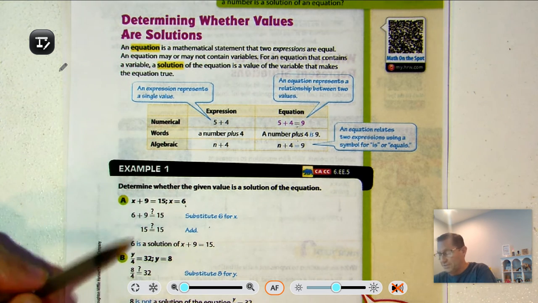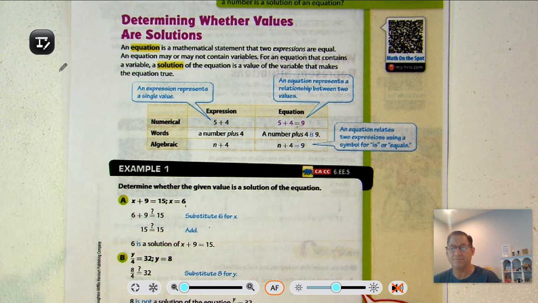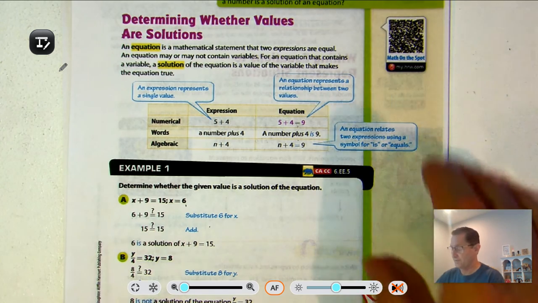Well, substitute 6 for x. 6 plus 9, does that equal 15? Well, 6 and 9 is 15. So 15 does equal 15. Therefore, 6 is a solution of x plus 9 equals 15.